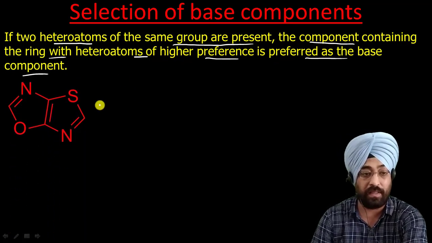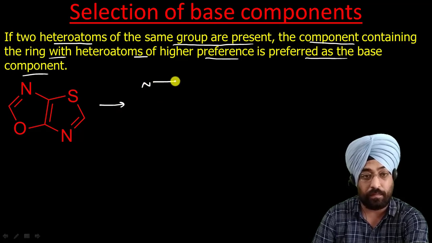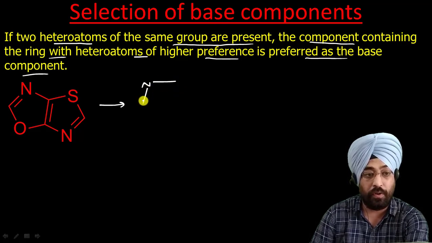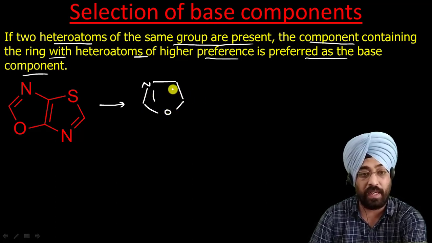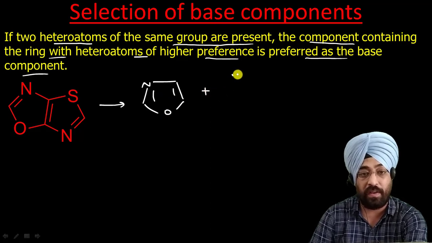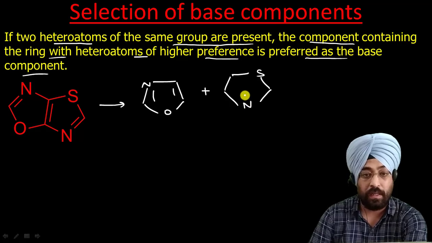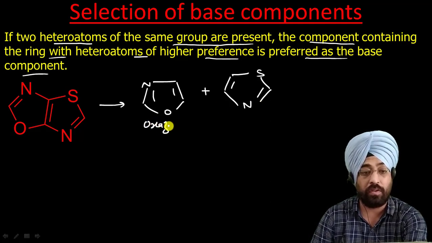Now let us understand this by example. You can see if we break this, it can be dissected into two components. One is this 5-membered ring, and again we also have a 5-membered ring. Here is the double bond, here is the double bond. Now this is oxazole, this is thiazole.